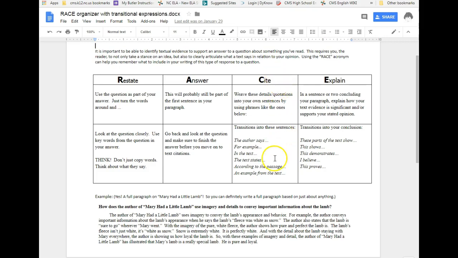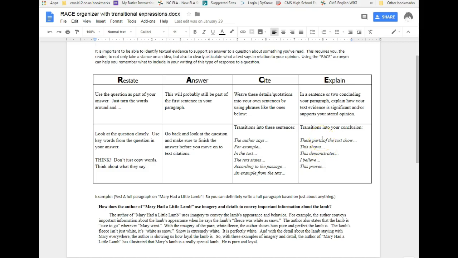All right, so we cite text information just once? No, not just once. We need multiple pieces of text information. And for each piece of text information, we need a sentence or 2 explaining how that text information answers the question. And here are some transitions we use. This shows that.